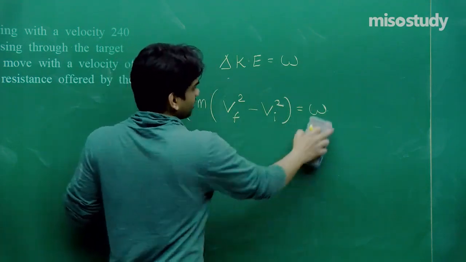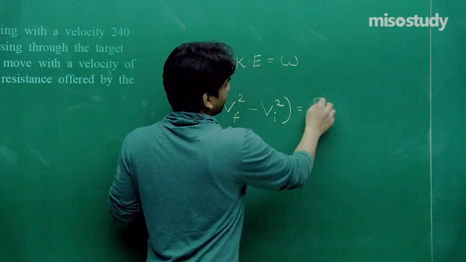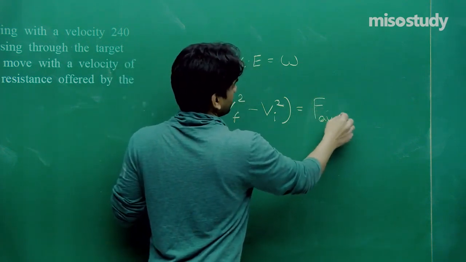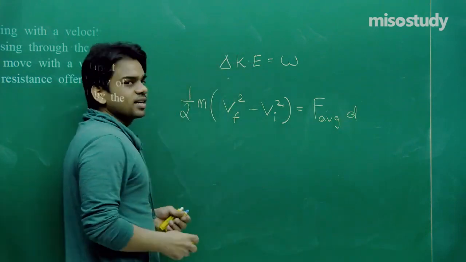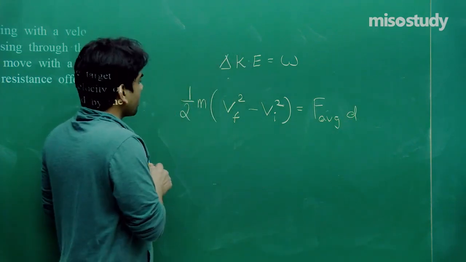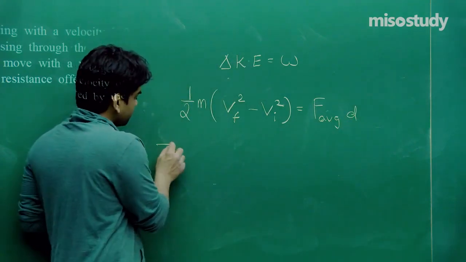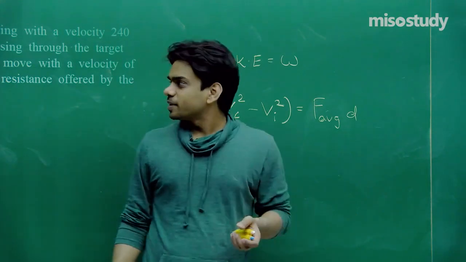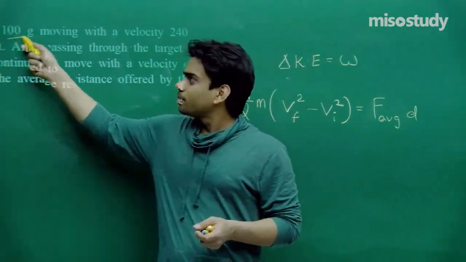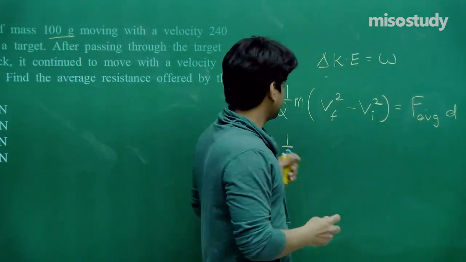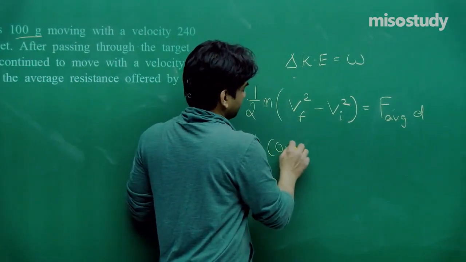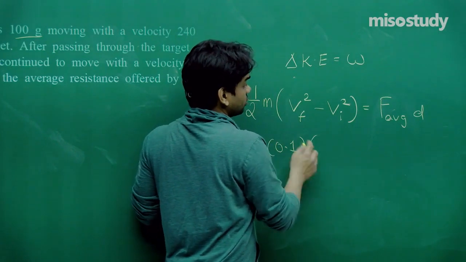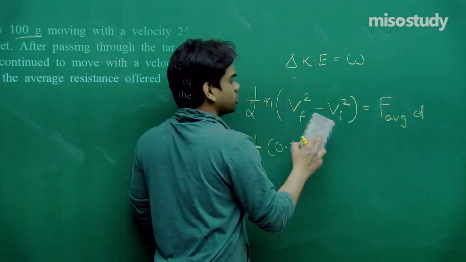Work done is F average into d, the displacement that has occurred in the block. Put up the values. Half the value of mass m that we have, that is given as 100 gram, so you can use 0.1. Final velocity, sorry, this will be initial velocity because final velocity is small.